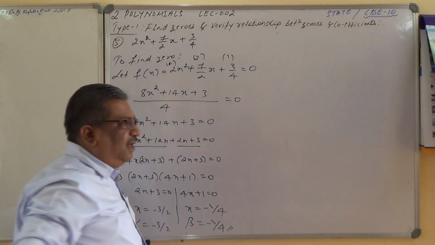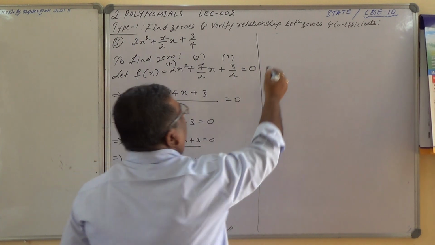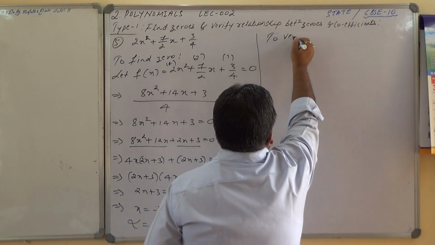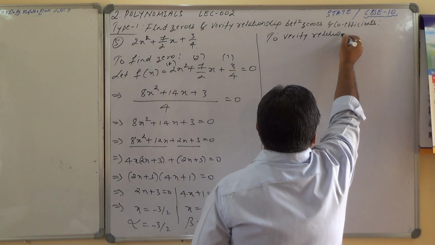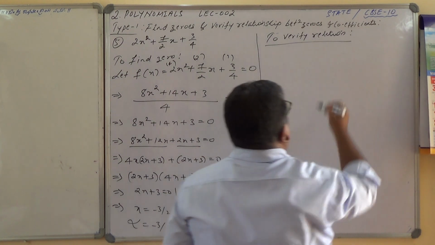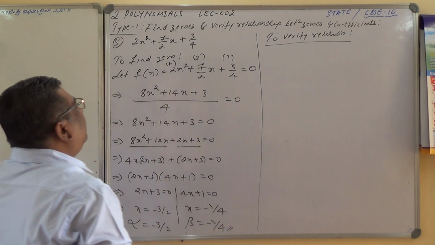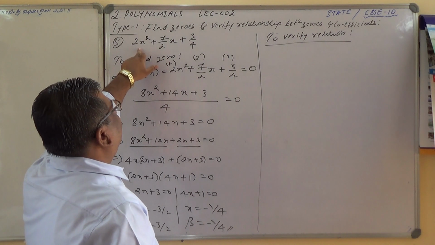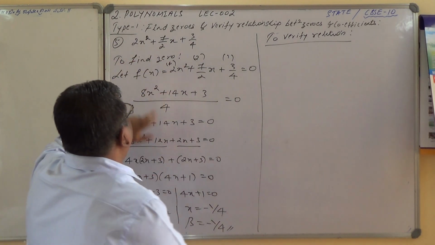To verify the relationship between roots and coefficients. We have got alpha and beta, and let me write once again here the equation, or shall I populate the values only? That's okay. So what are the values here?